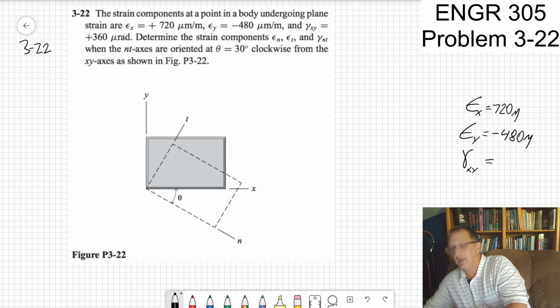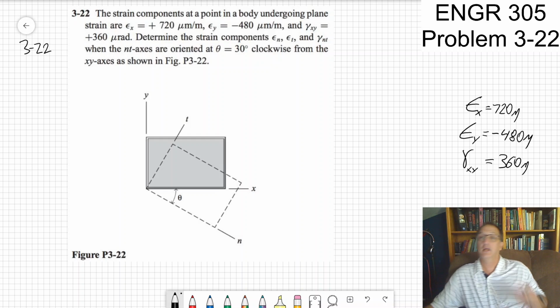And you can put the rads, but radians are dimensionless.